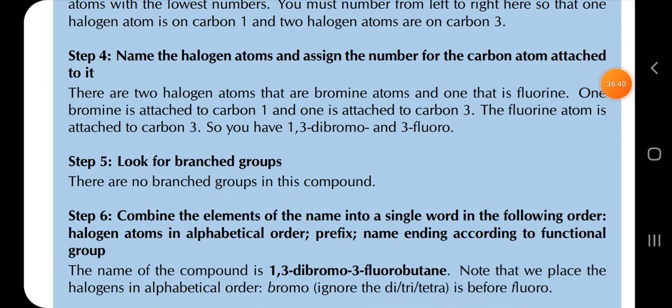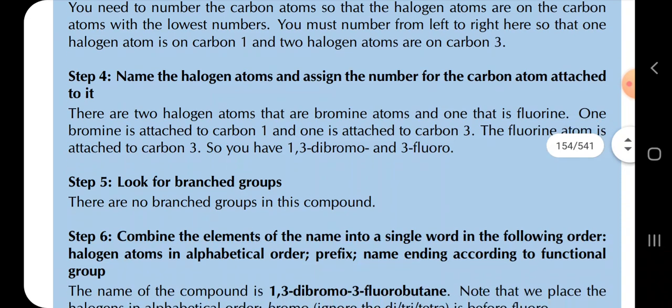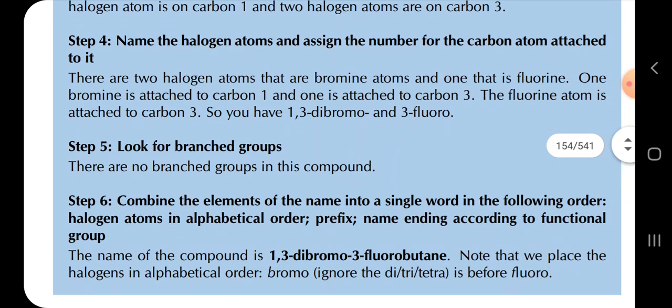Here there are 2 halogen atoms that are bromine atoms and 1 that is fluorine. The F is fluorine, the Br is bromine. So 1 bromine is attached to carbon 1 and 1 is attached to carbon 3. The fluorine atom is also attached to carbon 3.